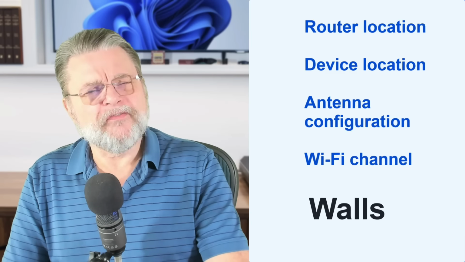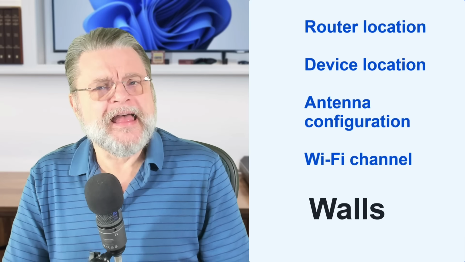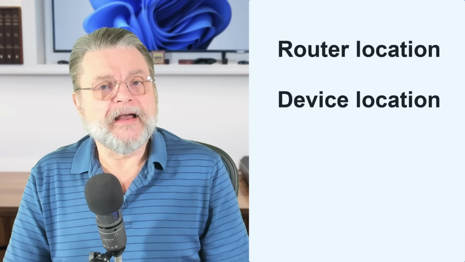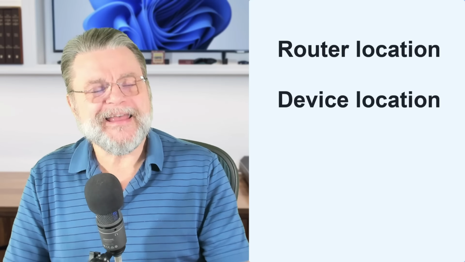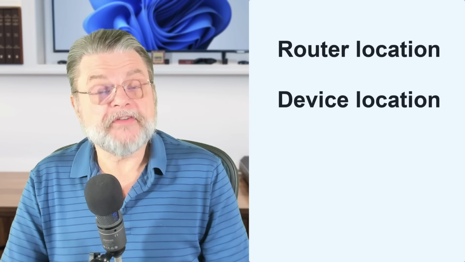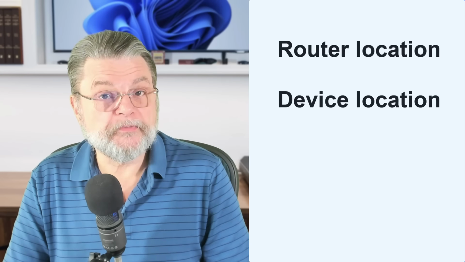Finally, a lot of walls these days are made out of metal studs, aluminum studs, and that can actually cause interference as well. Again, placement of the antenna and the router with respect to each other is actually probably the single most important thing you can do to improve your Wi-Fi speed.